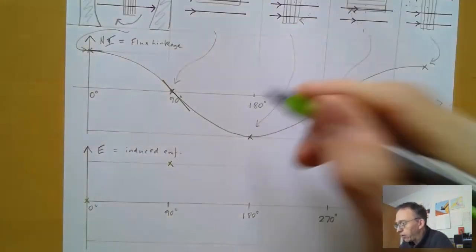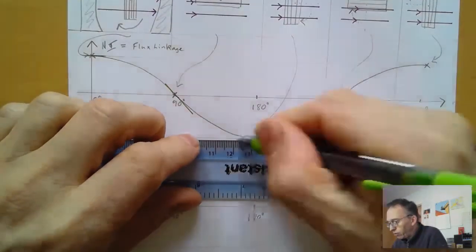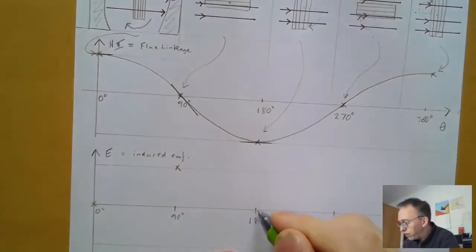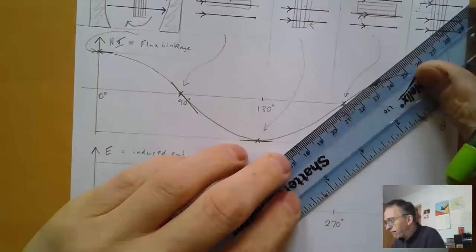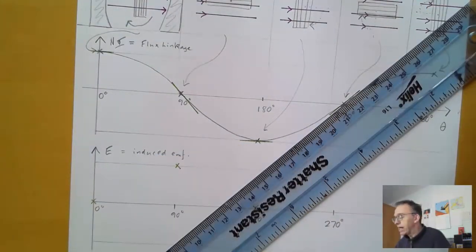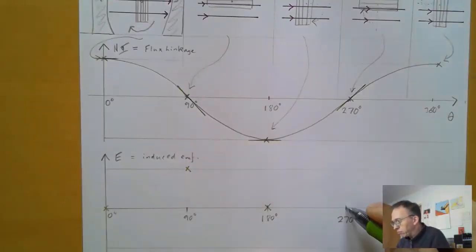Okay, at 180 degrees, the gradient is 0. Therefore, the EMF is 0. At 270 degrees, the gradient is maximum and now positive. Therefore, the EMF is maximum and negative.